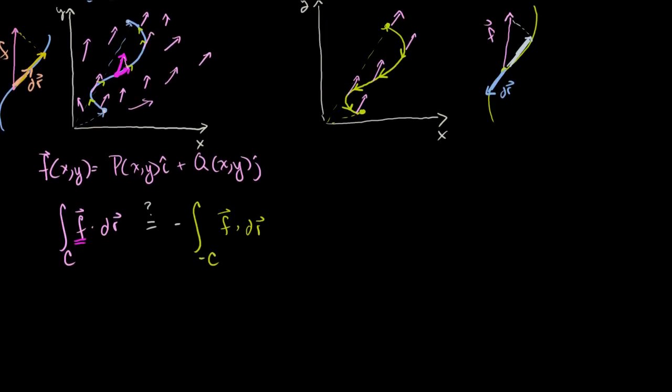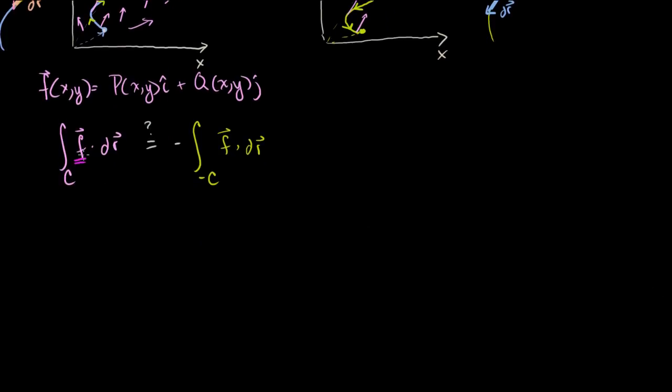So let us first figure out, let's write an expression for the differential dr. So in this case, dr/dt is going to be equal to x prime of t times i plus y prime of t times j.